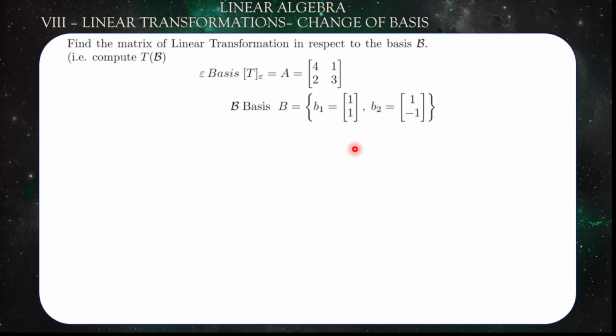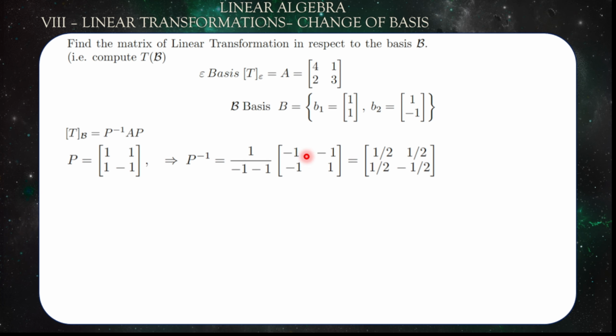So let's keep moving. We need to first form the P matrix. Again, the formula to get the value of A within the new coordinate system is P minus 1, the inverse of P, multiplied by A, multiplied by P. First, P is given by B1 and B2 placed as columns, the change of basis matrix, which is 1, 1, 1, minus 1.